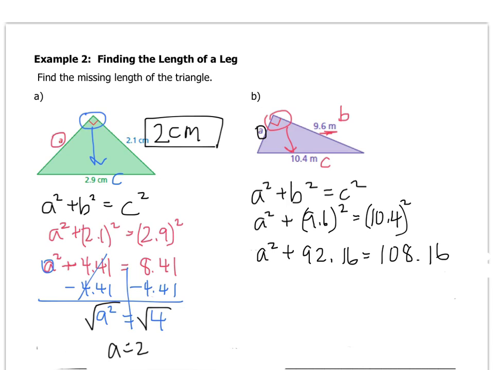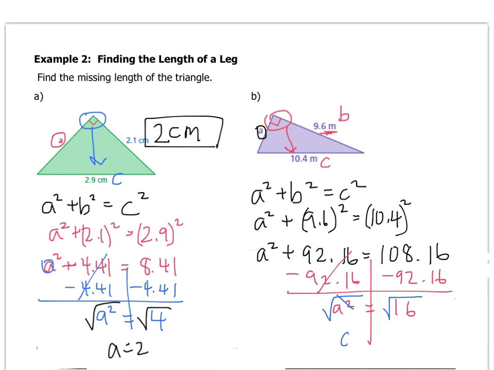You have to get the a by itself, so let's drop a line. Minus 92.16. And we've got a squared equals 16. And I have to get rid of the exponent now. So I have a equals 4. So that gives me 4 meters as my answer.